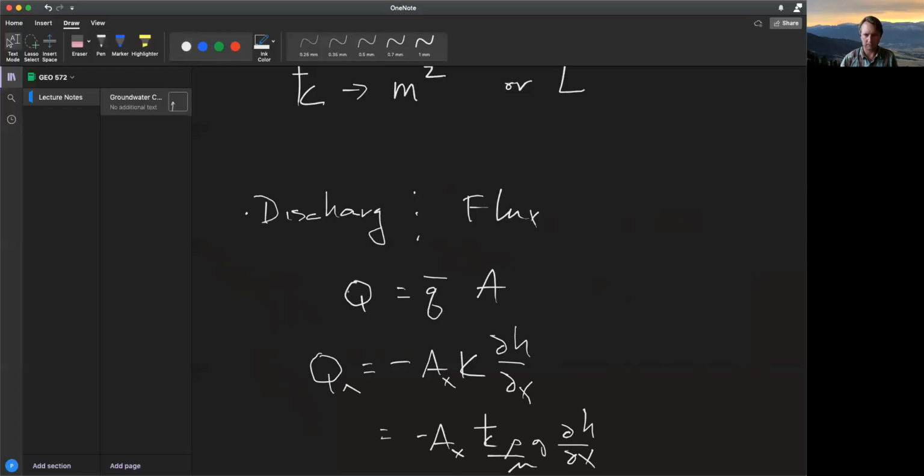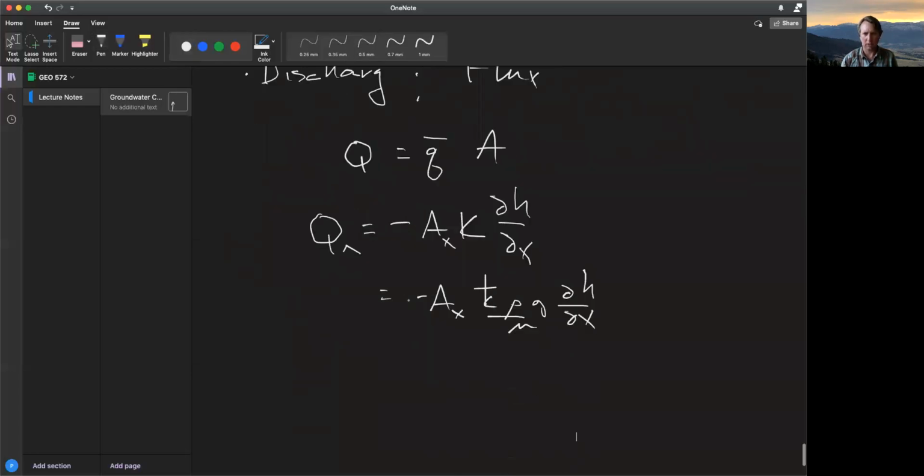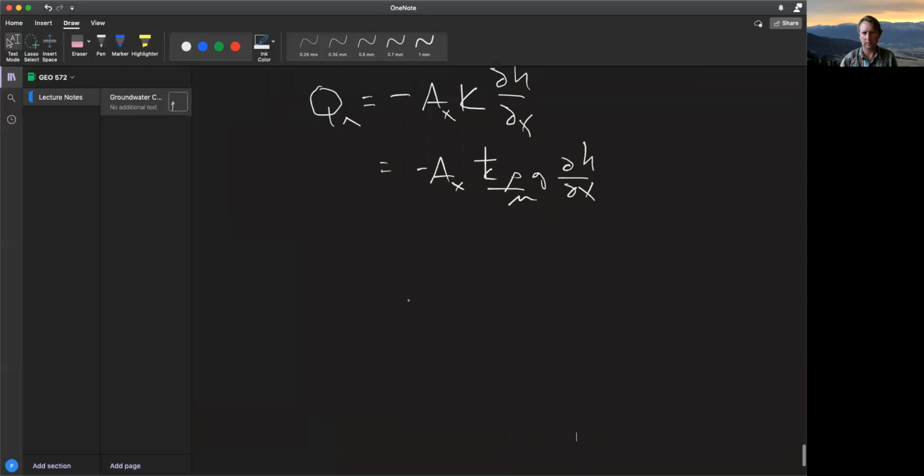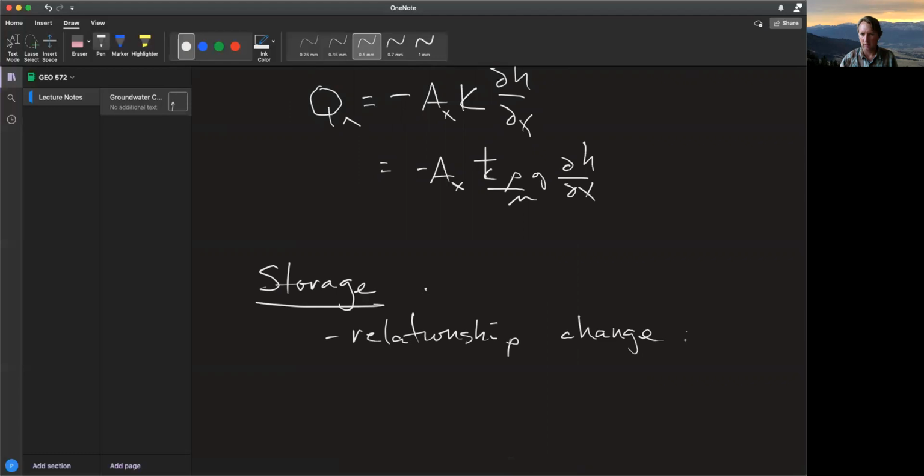So finally, let's talk about storage. Storage is some relationship between a change in head, and remember head is a measurement of energy, right?